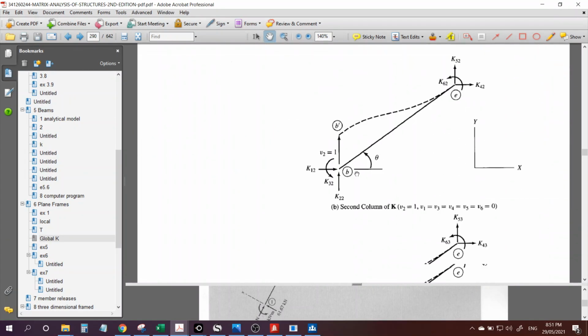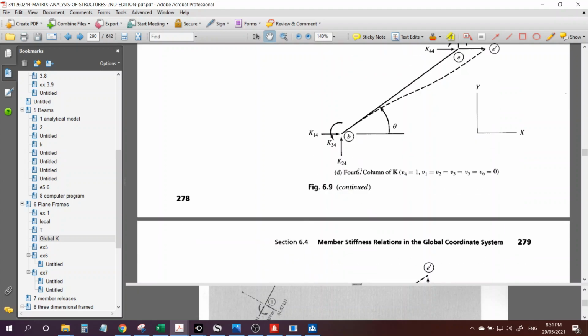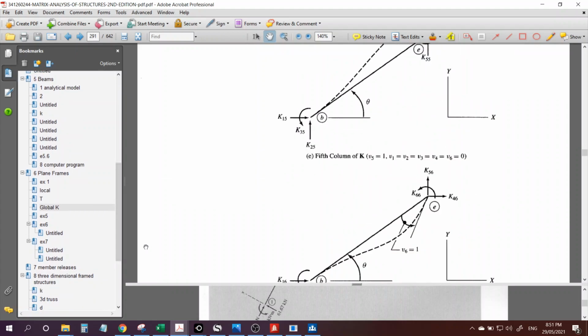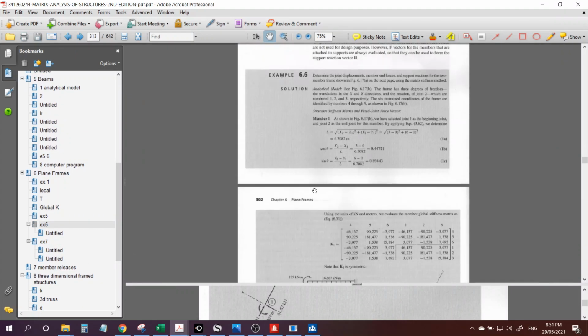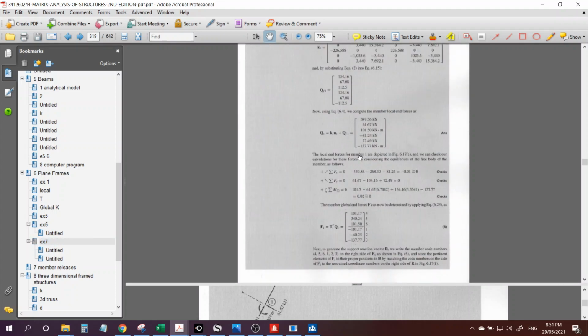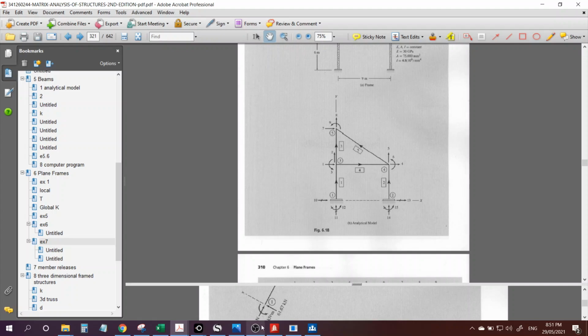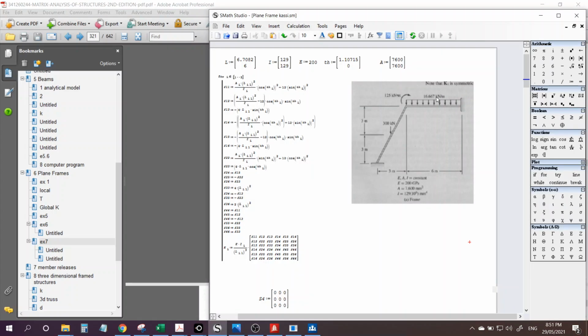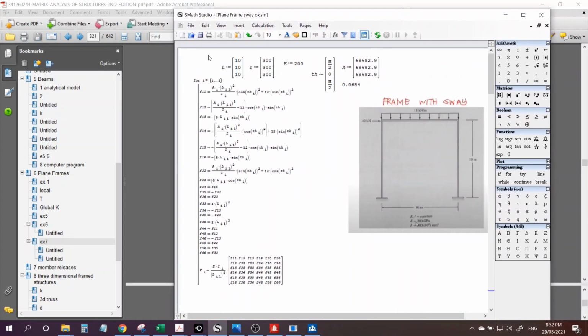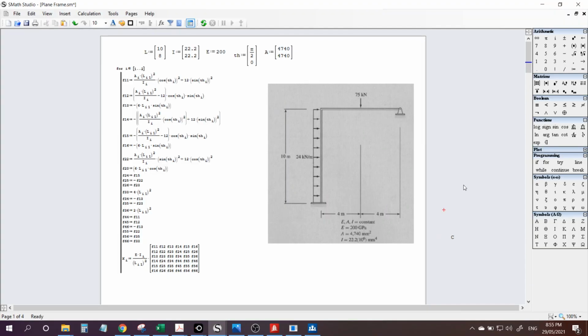So let's try to solve a problem. Example 6. Okay, this is the first problem.